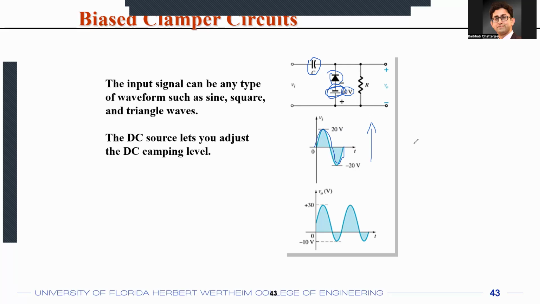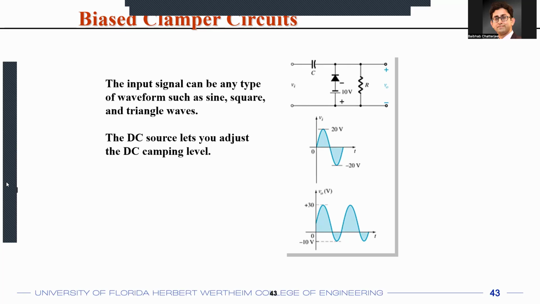So without the capacitor, the output would have looked something like this, a sine wave where the minimum voltage is 0 and the maximum would have been 40 volts. But because this is a 10 volt battery, and because of the way the polarity of the battery is connected, you'll not see a 20 volt clamp up. Instead, you'll just see a 10 volt clamp up, because the battery is connected in the negative direction and it adds a minus 10 volts.